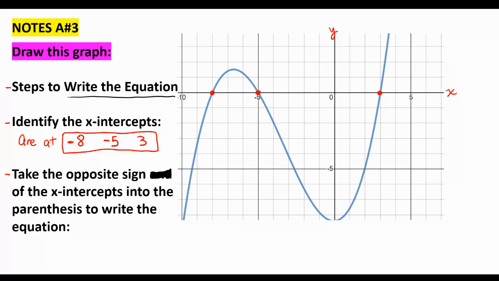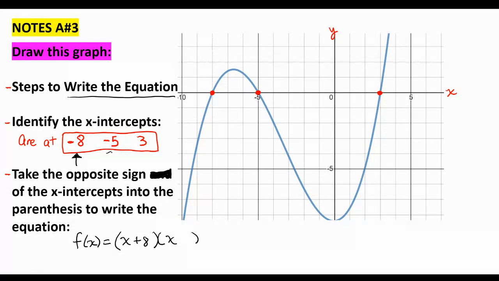Okay, so to write the equation, we start with f of x or y equals. We're going to put f of x equals because you're a junior now. Take the opposite sign of the x-intercepts is what it says. So you're going to put it in parentheses, write an x, and then right here, instead of -8, you put +8. The next one, write an x.